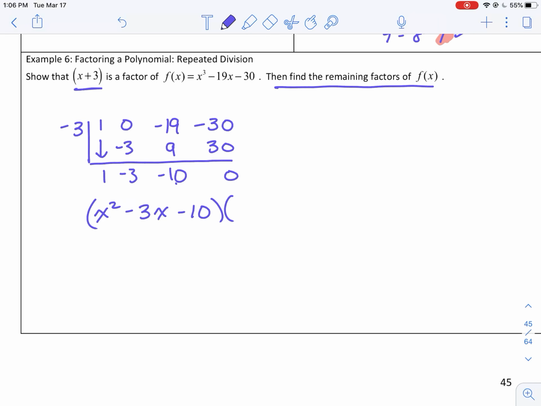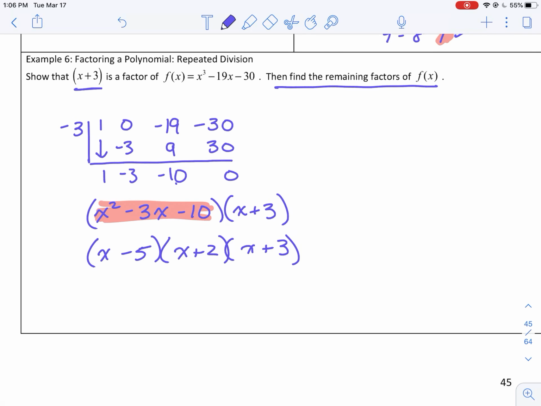And the direction said find the remaining factors of f of x. So if I have that times my first factor, what I divided by, x plus 3, I can now further factor this polynomial. And when I do that, I get x minus 5 times x plus 2 times x plus 3 is equal to f of x.